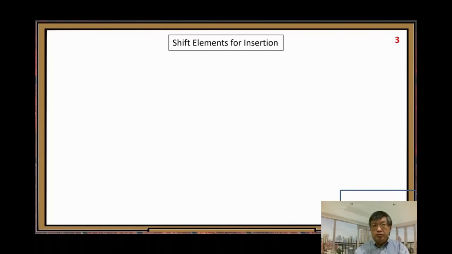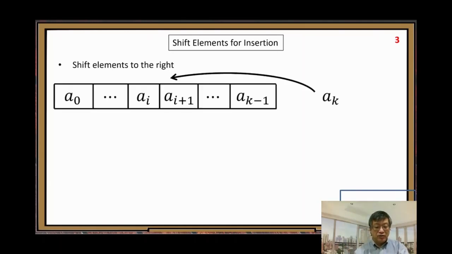So we do that shift operation, shifting elements to the right. At the starting point, we want to insert this A sub k somewhere in the existing sorted array.